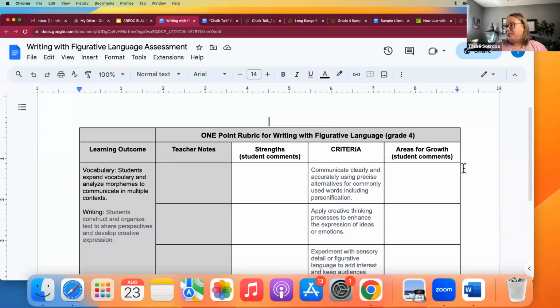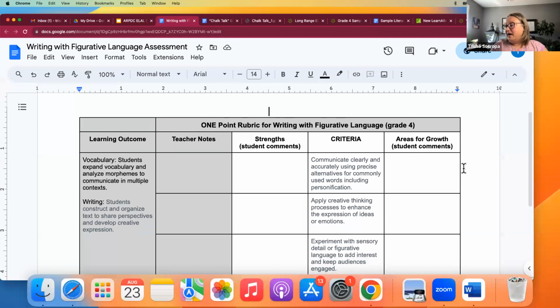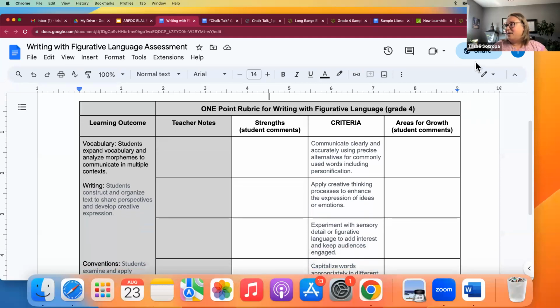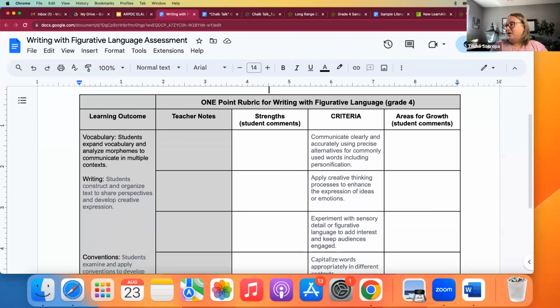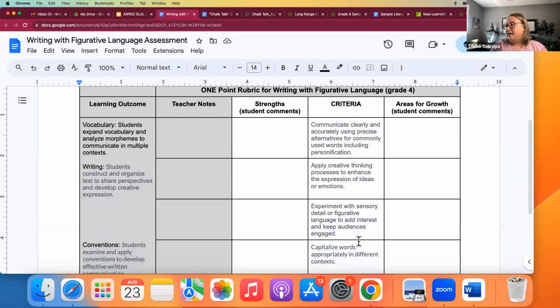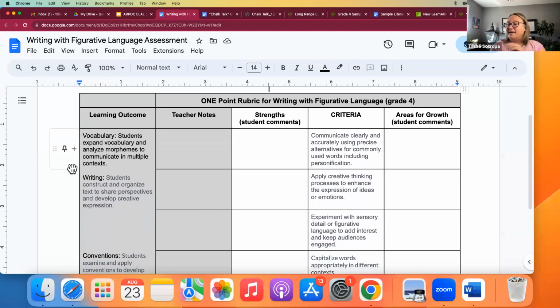So this is a possibility of how I could set up a single point rubric using grade 4 criteria. And as you see, this is how I've created it. This is just copied and pasted. So I took the learning outcome for grade 4 vocabulary. It says students expand vocabulary and analyze morphemes to communicate in multiple contexts.